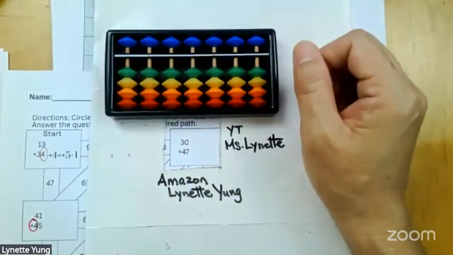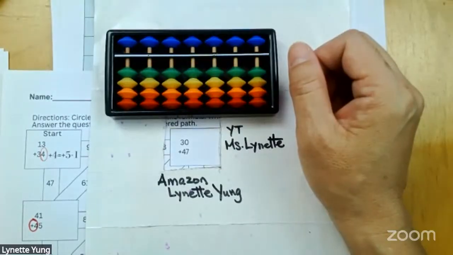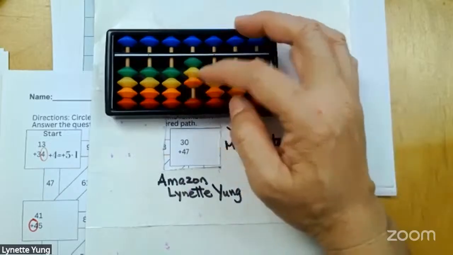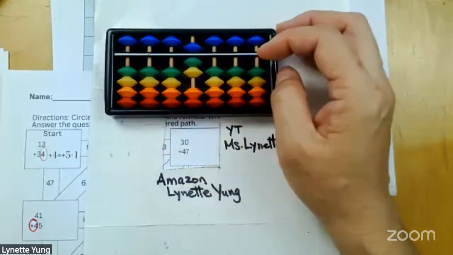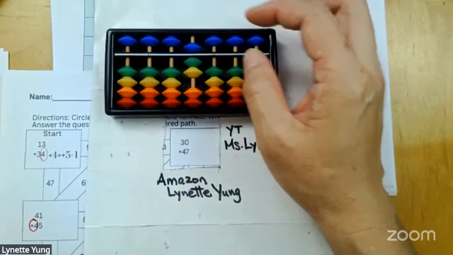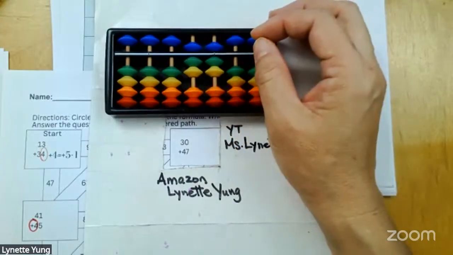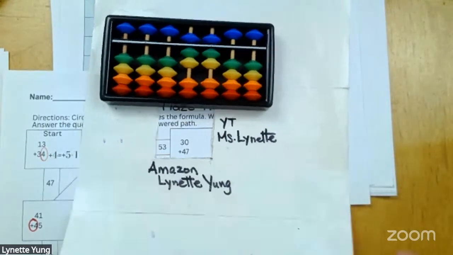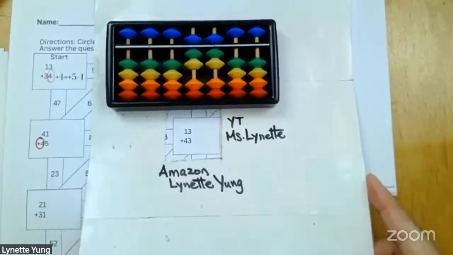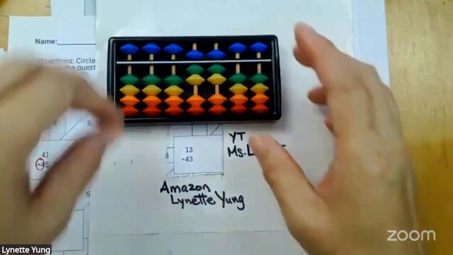So you can say it to her. 30 plus 40 would be plus the 5 minus the 1. Good. And then plus the 7 will be just plus. And what's your answer? 77. Good. Next. Okay, you gotta clear your abacus.